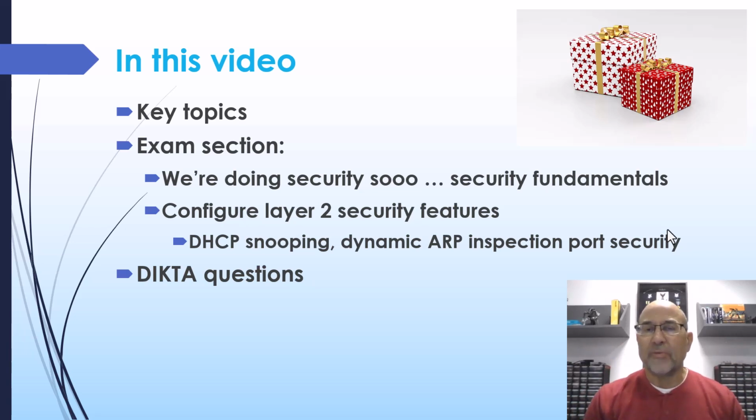We're going to be configuring Layer 2 security features, and in particular, port security. There are other things that you can do on ports, but right now we are tackling port security in terms of what happens when you have a violation in traffic. This is just part of the exam section for Layer 2 security features.